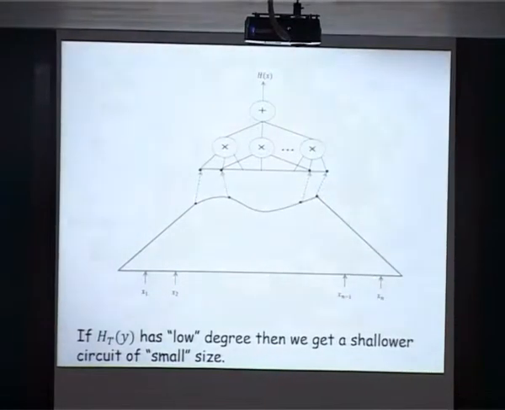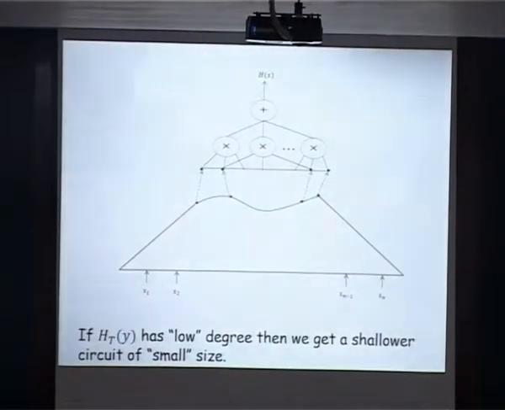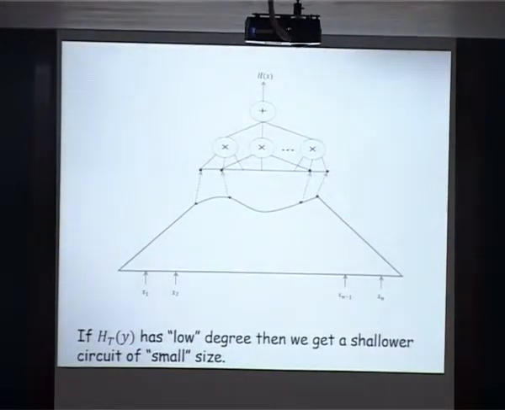And if you think about it, the trade-off that you get here will depend on the degree of the top polynomial versus how much reduction in the depth you have gotten.